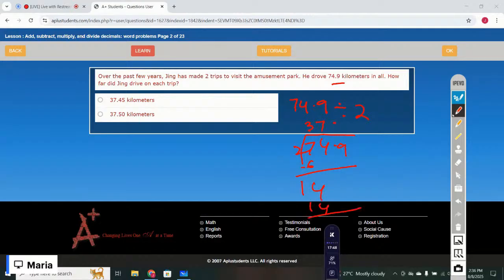We have a decimal point, so put the decimal point over here. Now bring the next digit down. 2 times 4 is 8. 9 take away 8 is 1. Now you can add a 0. So 2 times 5 is 10. So 37.5 it is.